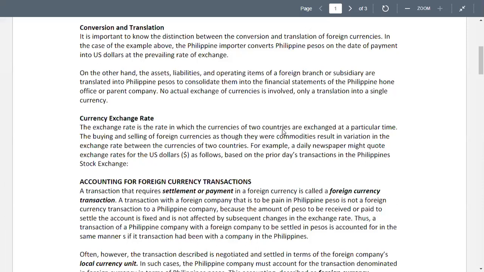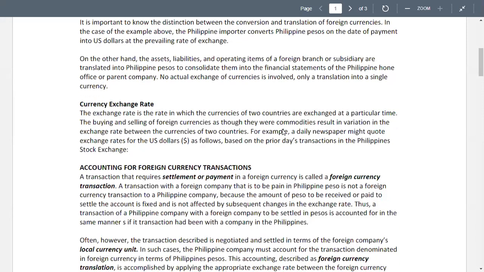Thus, a transaction of a Philippine company with a foreign company to be settled in pesos is accounted for in the same manner as if it had been with a company in the Philippines.